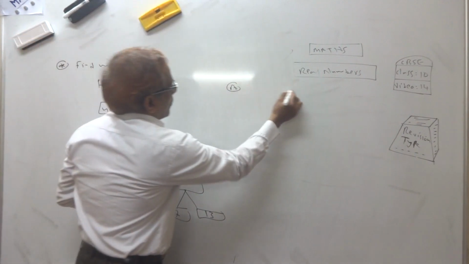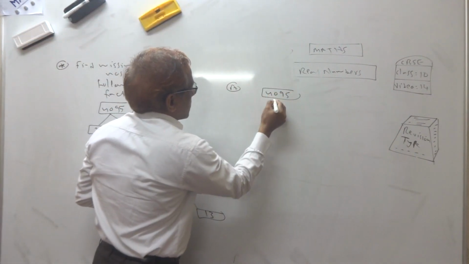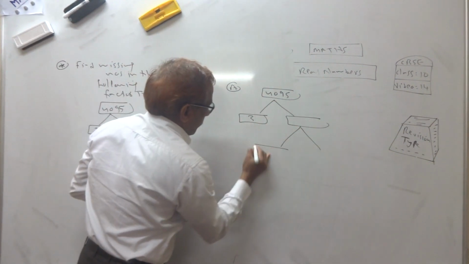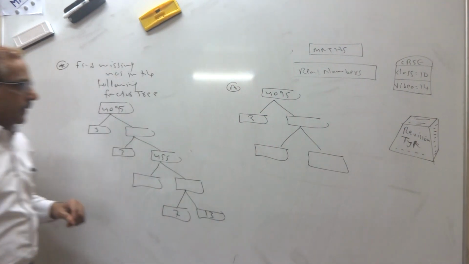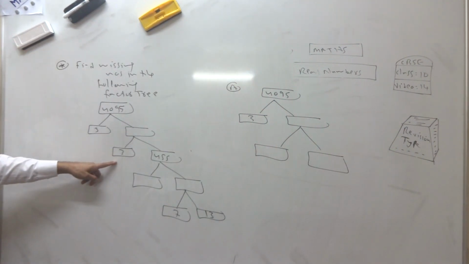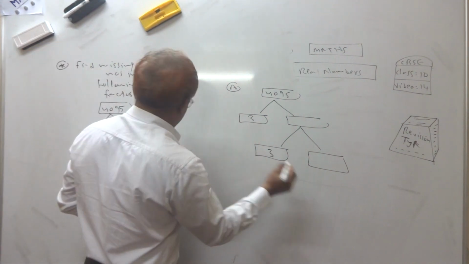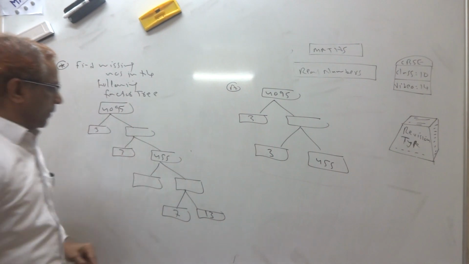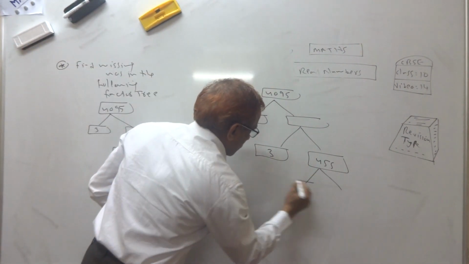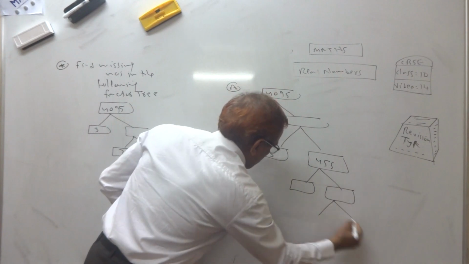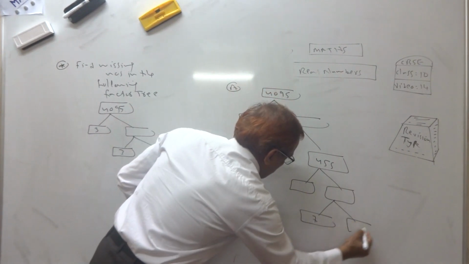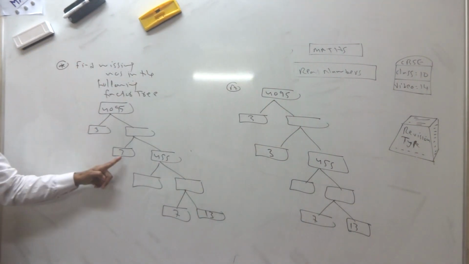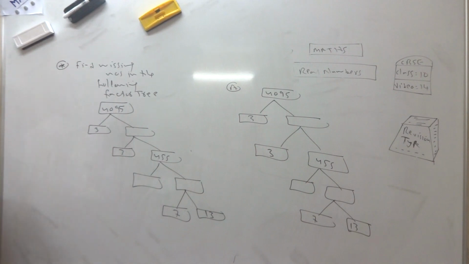So, how do we explain the answer? Please see, 3, 455. So again you should draw the same factor tree.